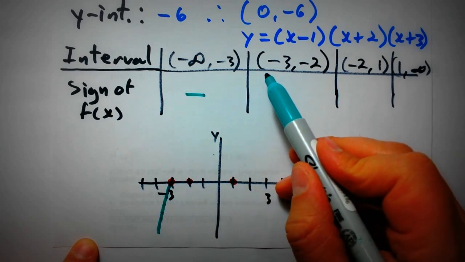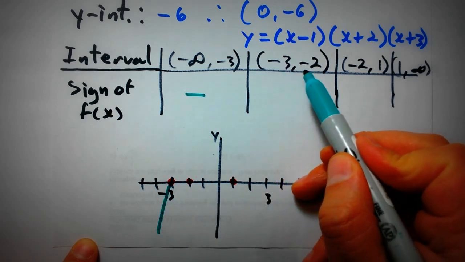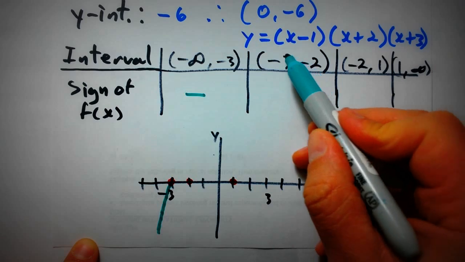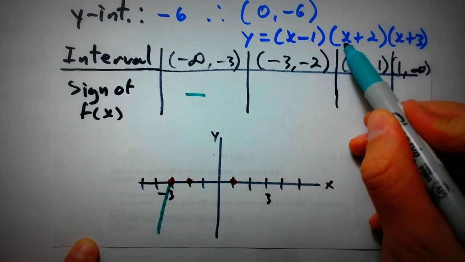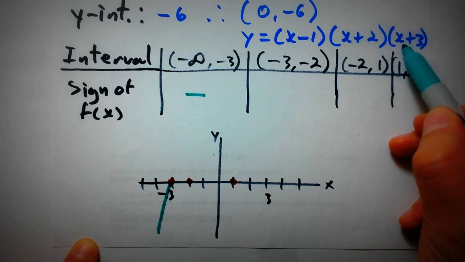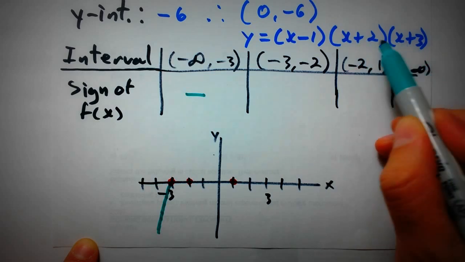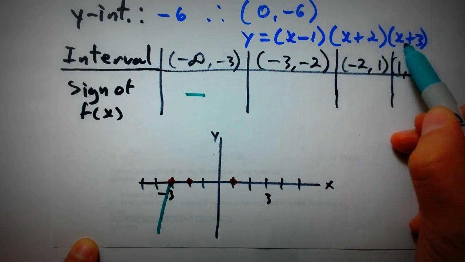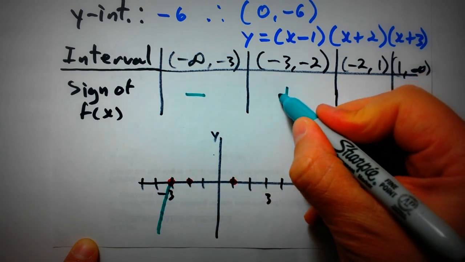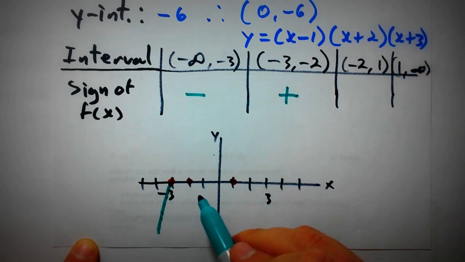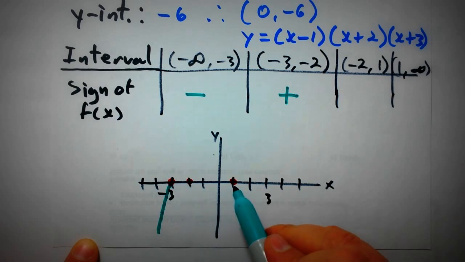Now between -3 and -2, let's choose -2.5. We end up with -0.5, -3.5, and a positive. So negative times negative, positive times positive gives us something positive. So between that range it is positive. How about between -2 and 1?